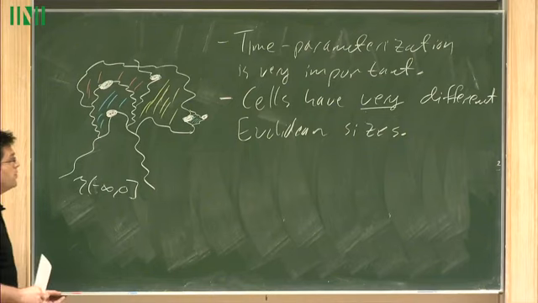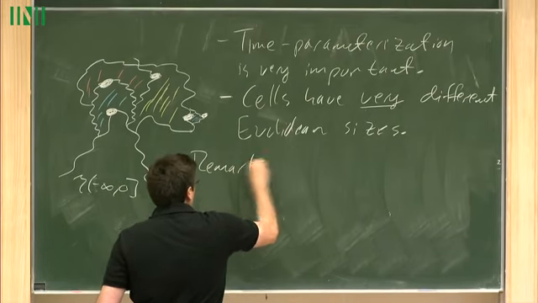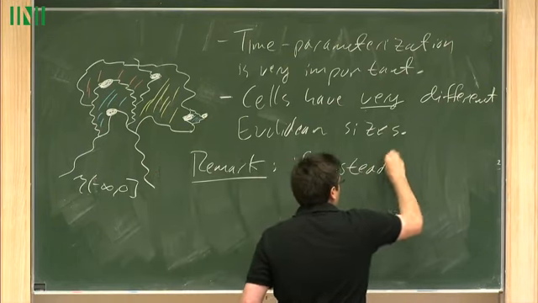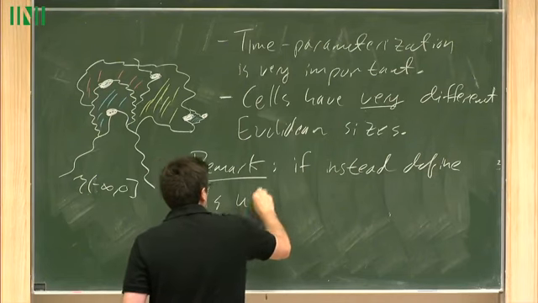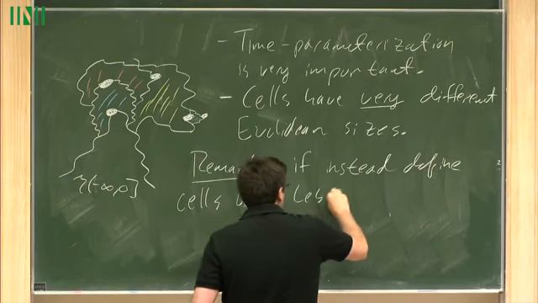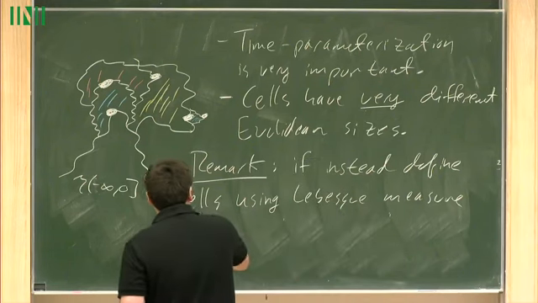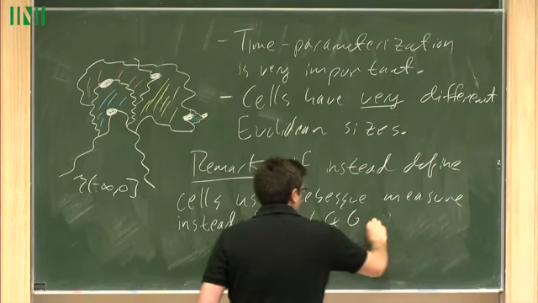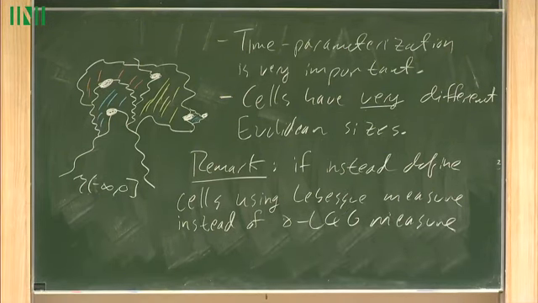Let me just remark that if you consider a different question, so if you instead define your cells using Lebesgue measure instead of the quantum gravity measure, then the analysis is actually significantly easier, because it's still going to give you a random graph.